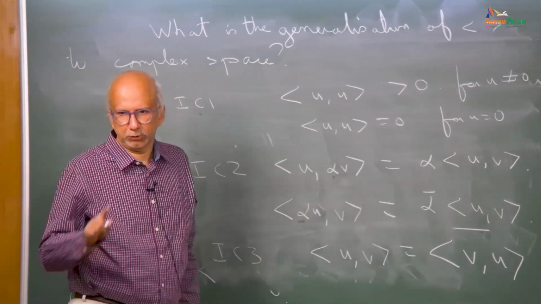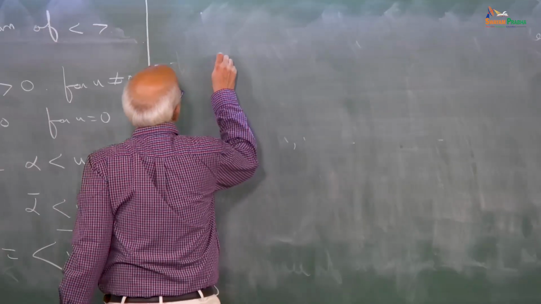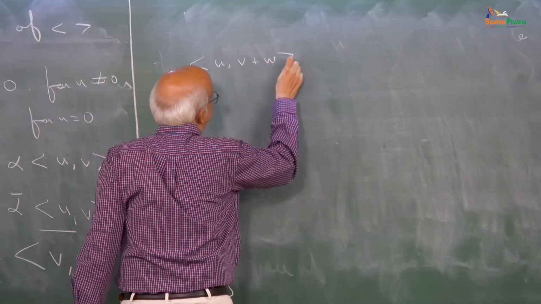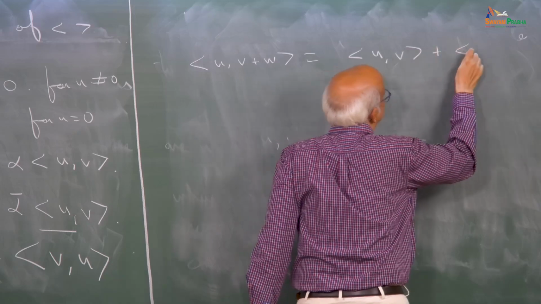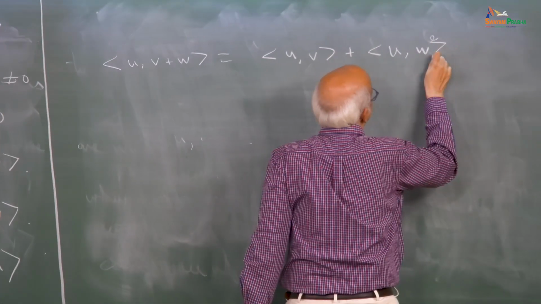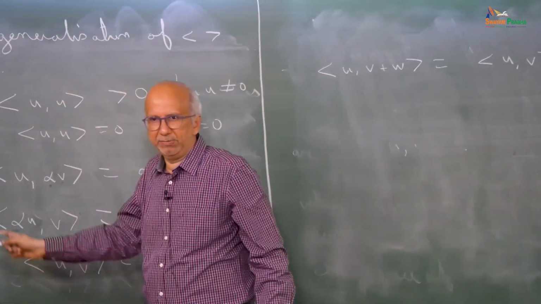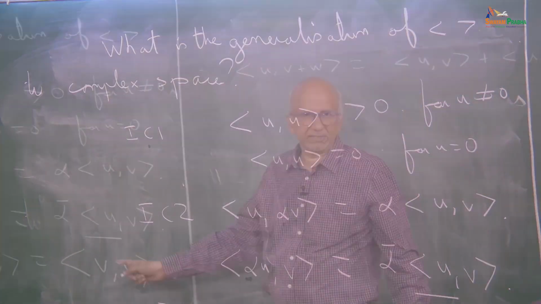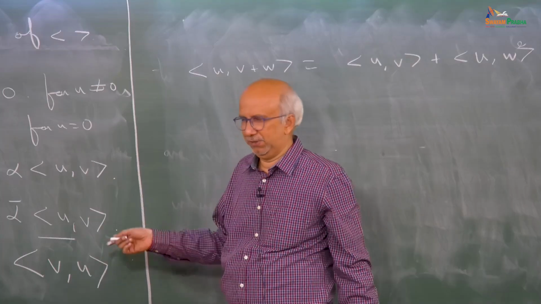So, the bar represents the complex conjugate. Now, the inner product of u with v plus w remains the same. I forgot to write this axiom in the real one. When I do the real, it will be the inner product of u with v is the same as the inner product of v with u. There won't be any complex conjugate, but this is fine.